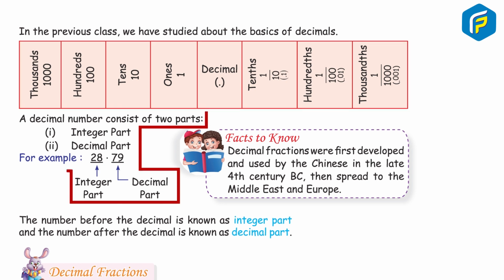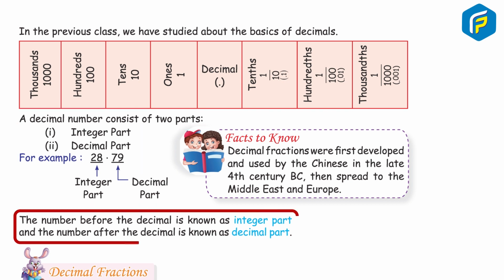A decimal number consists of two parts, the integer part and the decimal part. For example, in 28.79, 28 is the integer part and 0.79 is the decimal part. The number before the decimal point is known as the integer part and the number after the decimal point is known as the decimal part.